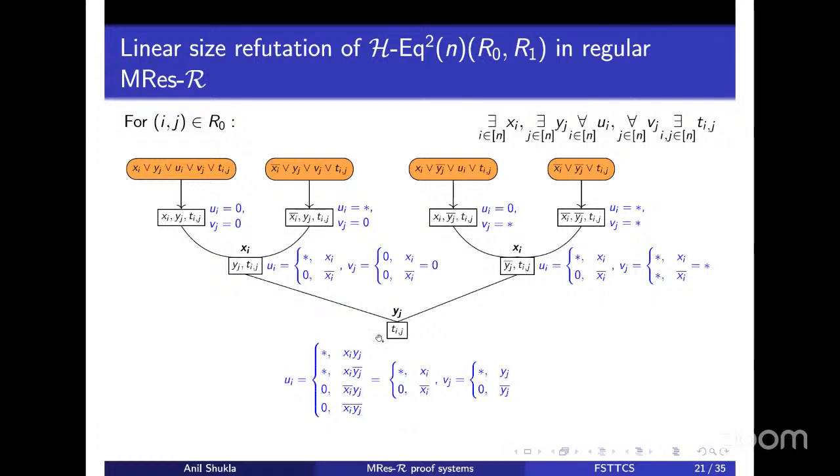If-else. Similarly, here also Yj is to the left. So again, if-else. You will get some, because we are dealing with arbitrary representation, we can simplify this. Anyway, we have to use some claims and all, but believe me, the strategy for this Tij is this only: Ui is don't care for Xi and Ui is 0 for not of Xi, and similarly for Vj.